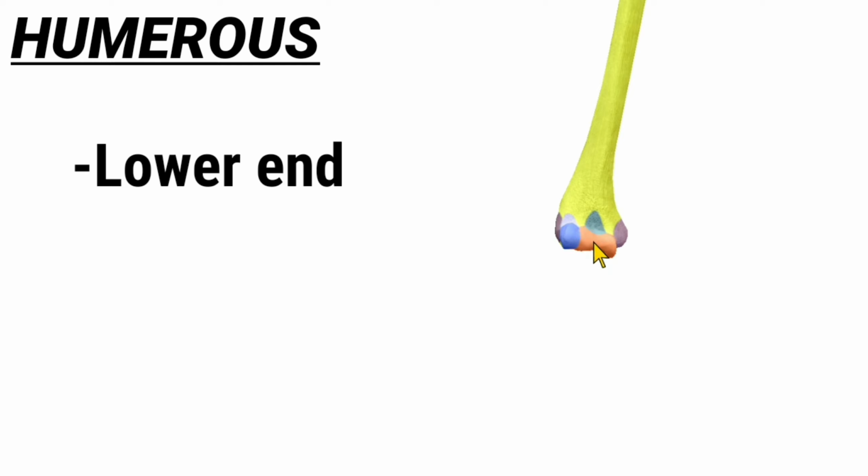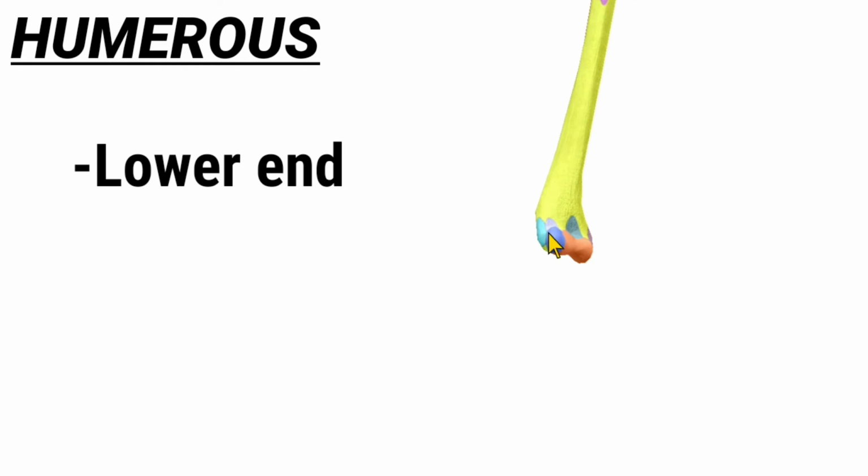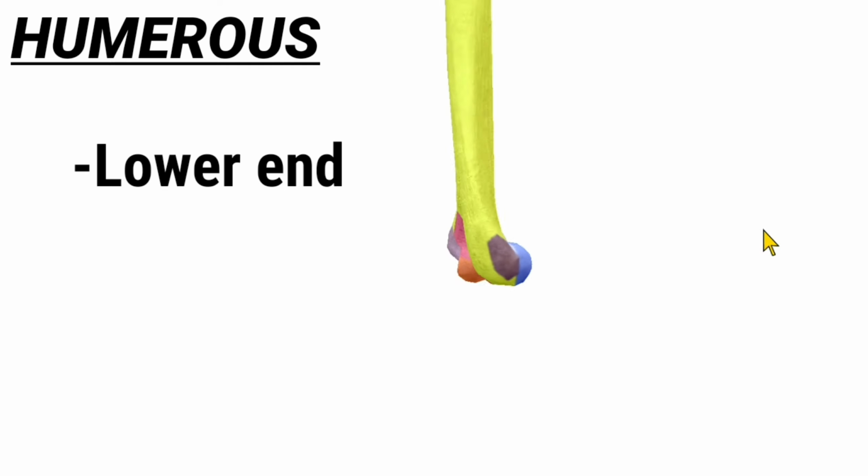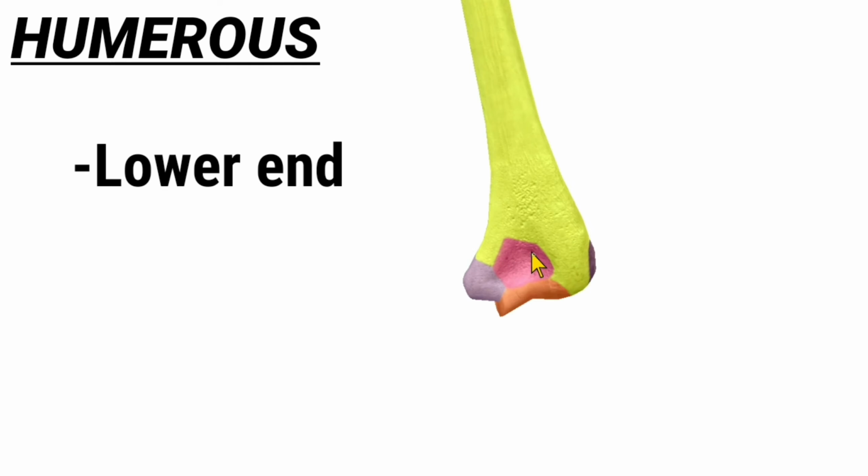And in the non-articulating surface, here is the medial epicondyle, here is the lateral epicondyle, and here this structure is the coronoid fossa medially, and laterally this is the radial fossa, and in the posterior there is another fossa. This structure is the olecranon fossa in the posterior surface.